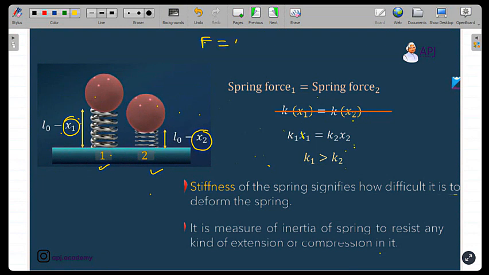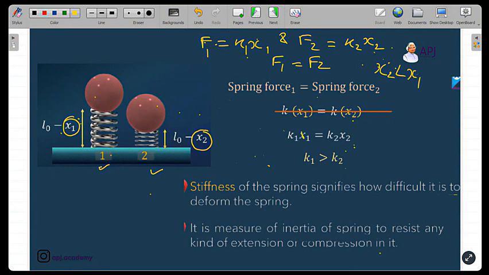I am saying F1 is equal to K1 X1, and I am saying F2 is equal to K2 X2. Now if I am saying F1 is equal to F2, and I am also giving you the condition which you can observe, that X2, the compression in the spring 2, is less than the compression in spring 1.